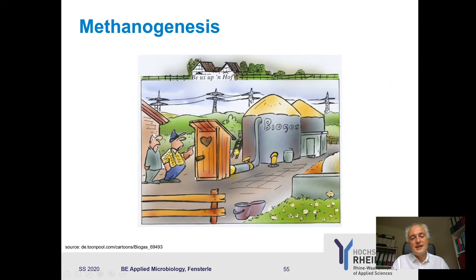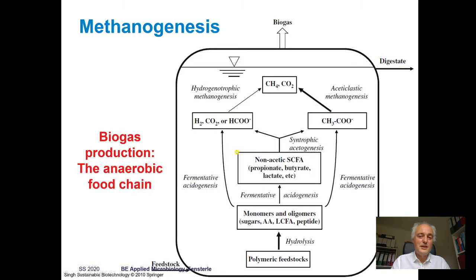Now let's look at what's happening in methanogenesis in the complete process. Methanogenesis means biogas production, either natural biogas production or in a biogas reactor, which is a very important reaction in the case of a change to renewable energy, because you can sustainably produce your biogas steadily. You start with your polymeric feedstock, and it's not a single step reaction, there are multiple steps.